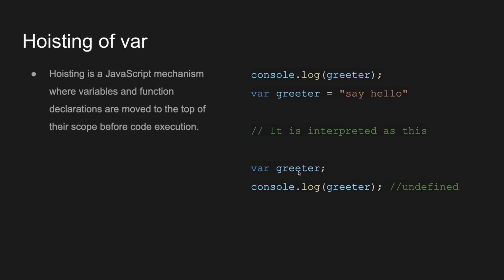So this variable is initialized with an undefined value, and when you try to update its value, it will get updated, but at this point it will just return undefined. So var variables are hoisted to the top of their scope and initialized with a value of undefined.